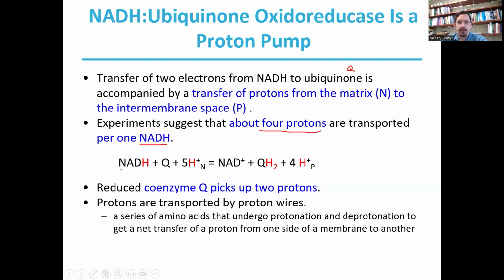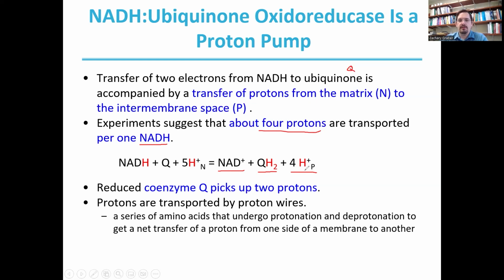So our overall reaction then is NADH plus ubiquinone and 5 protons from the matrix side reacting to produce NAD+, our reduced ubiquinol, and 4 protons on the intermembrane space side. So you can note the balance of our equation overall. We have 5 positive charges on the right, 5 on the left, and of course we have 6 protons overall.